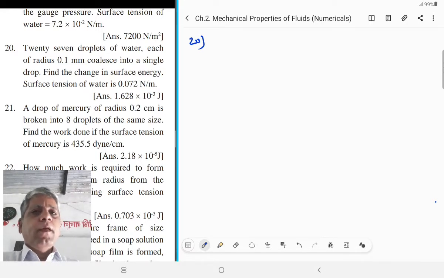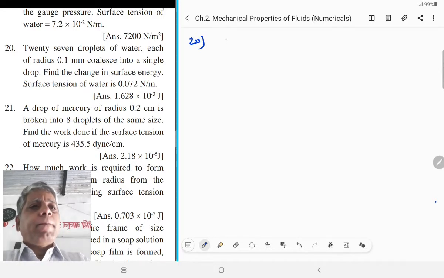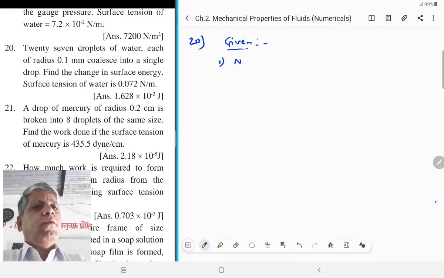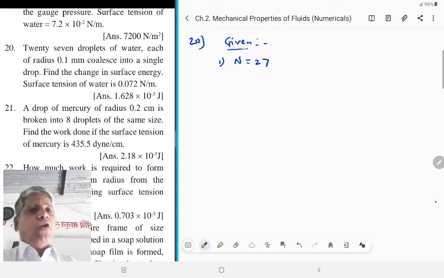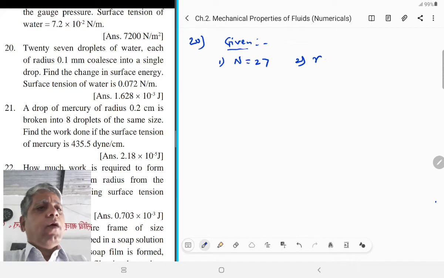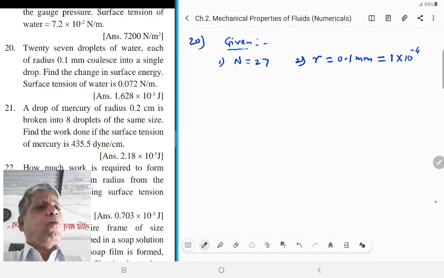Here, given that 27 droplets of water, that means capital N is equal to 27 droplets. The radius of each droplet is given, r is equal to 0.1 mm, that is equal to 1 into 10 raised to minus 4 meter.